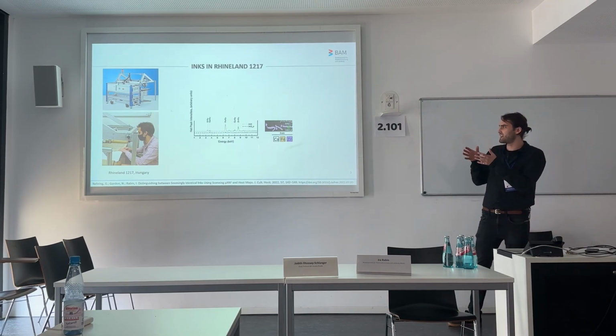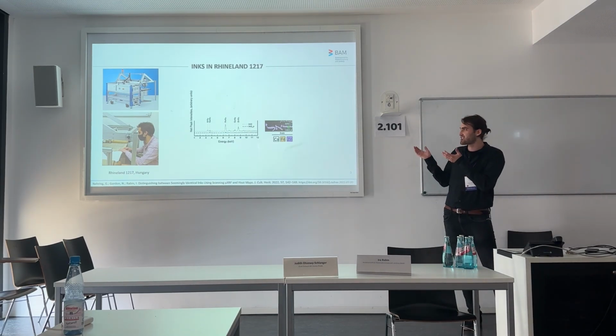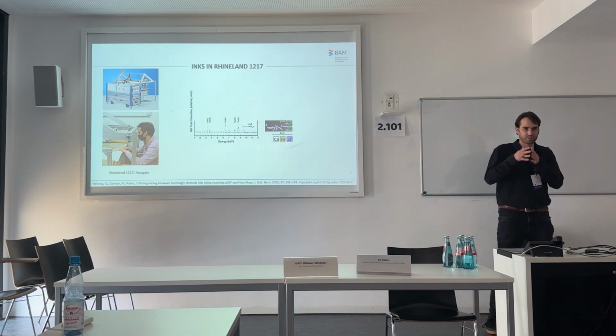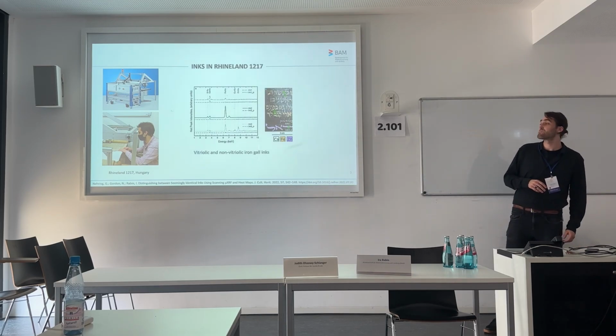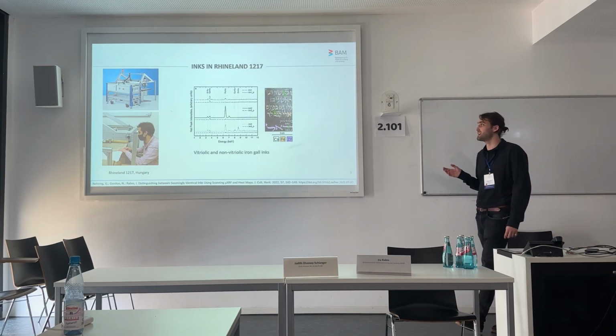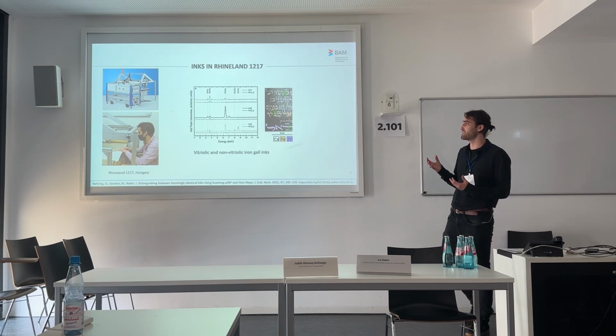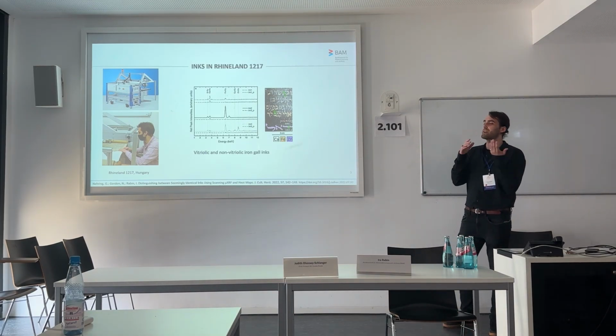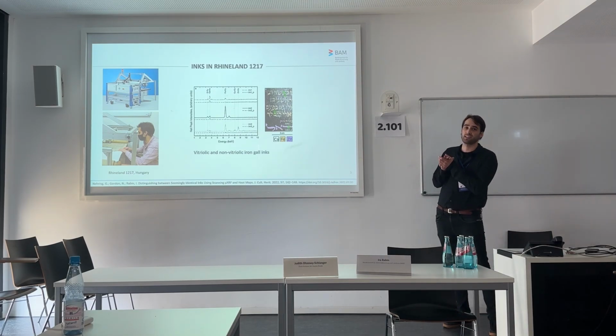And we see an example of vitriolic iron-gall ink with zinc and some copper in it, a typical iron-gall ink. Comparison of those is simple. However, when we look at non-vitriolic inks, which we found in this manuscript, it becomes problematic. We cannot really look at ratios of elements as those just contain iron.